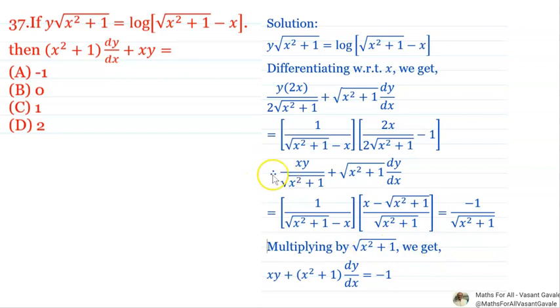याला root of x square plus 1 ने मल्टिप्लाय केलं, then you will get xy. याला root of x square plus 1 ने मल्टिप्लाय केलं, then you will get x square plus 1 into dy by dx. याला ही जी राइट हँड साइड आहे त्याला रूट ऑफ x स्क्वेअर प्लस 1 ने मल्टिप्लाय केलं, ते टर्म्स कॅन्सल होतील अँड यू विल गेट हियर मायनस 1 अँड हेन्स ओव्हरऑल यू विल गेट हियर xy plus in bracket x square plus 1 into dy by dx, that is equals to minus 1 which we want to prove. ही लेफ्ट हँड साइड आहे, that is equals to minus 1 and hence the option A is the correct one here.